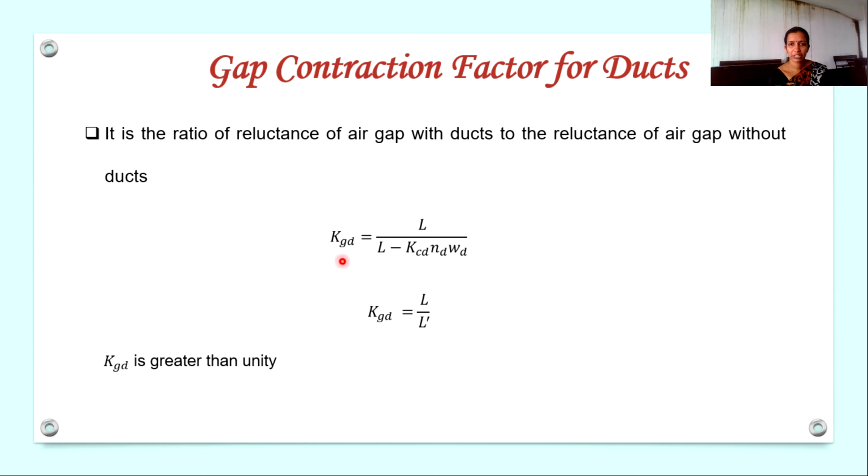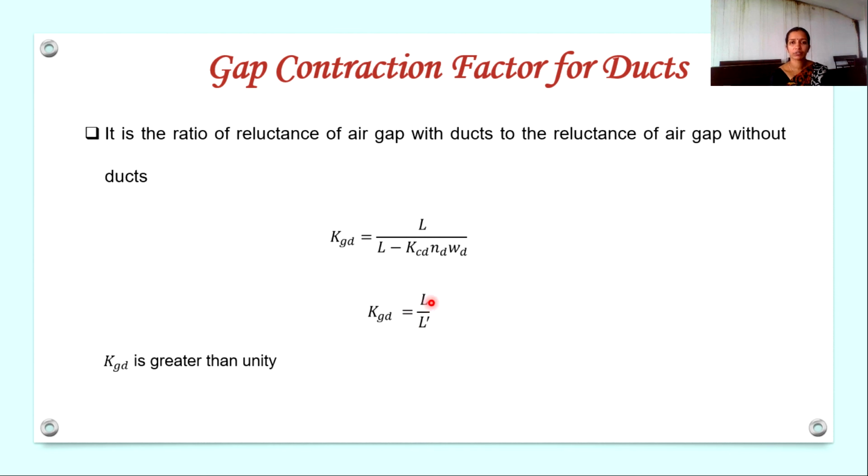So while taking the ratio, that is reluctance of air gap with the ducts to the reluctance of air gap without ducts, how will be the equation? Lg divided by mu 0 into L dash into Ys divided by Lg divided by mu 0 into L into Ys. So the remaining terms get cancelled and we will get L divided by L dash.